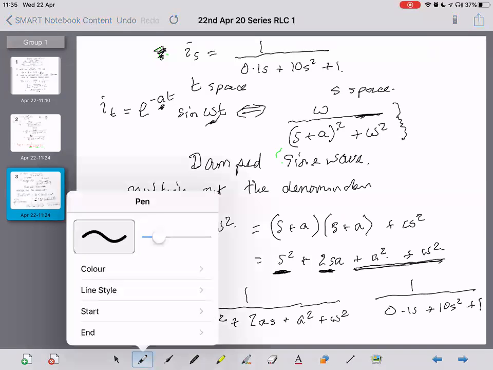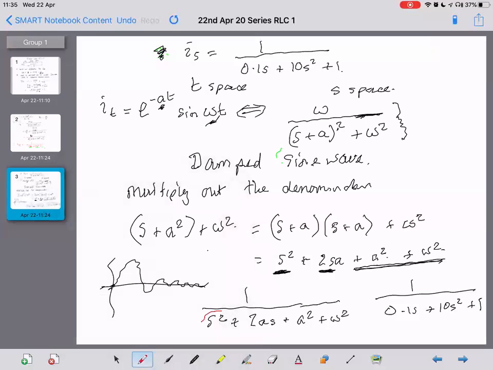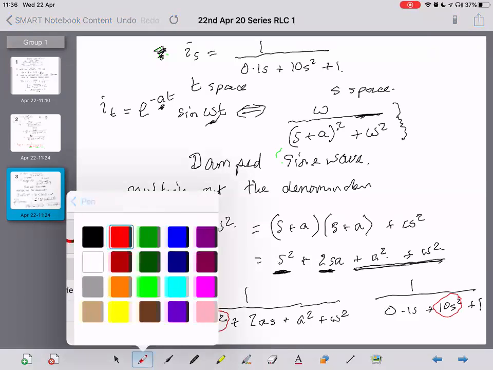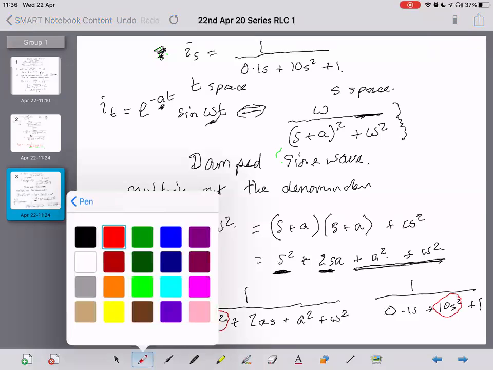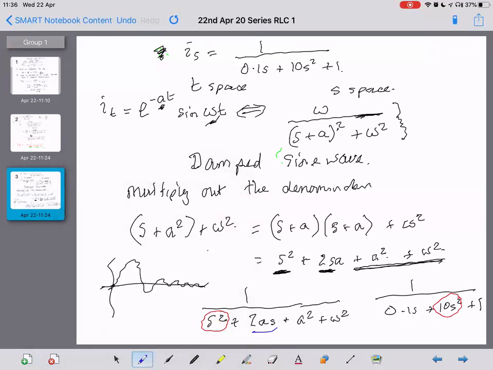Using different colours, we've got here an s squared term, a term in s, and we've got these two added together that can make up the constant.